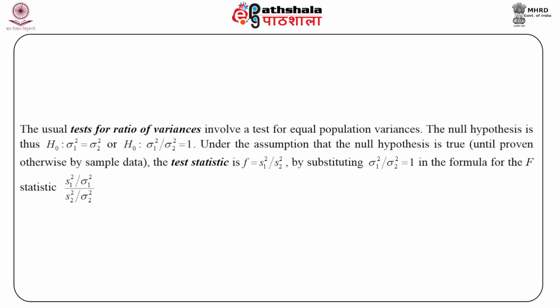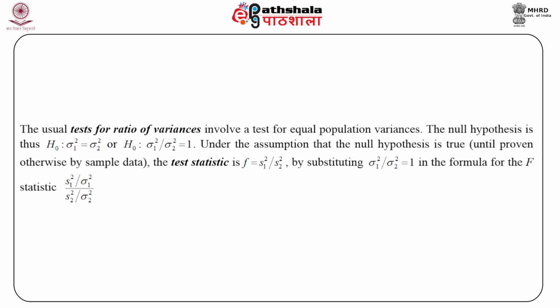Under the assumption that the null hypothesis is true until proven otherwise by sample data, the test statistic is F equal to s1 square upon s2 square, by substituting sigma 1 square upon sigma 2 square equal to 1 in the formula for the F statistic.